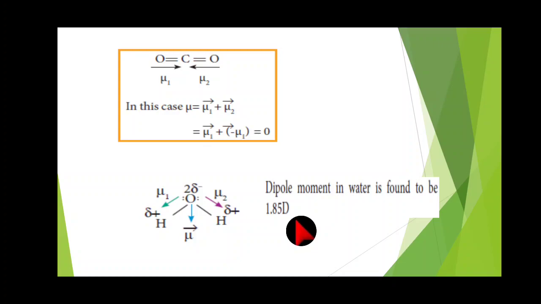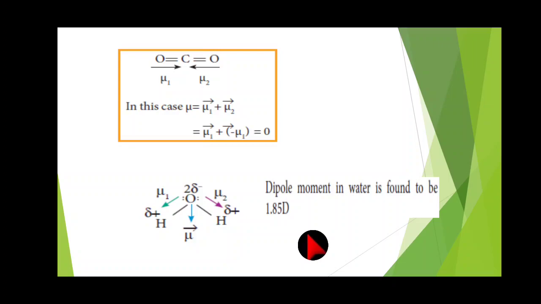So why? Because here oxygen has a partial negative charge and both hydrogens have partial positive charge. The oxygen is more electronegative, so it pulls the electrons towards itself. That's why an inverted V-shaped structure occurs.